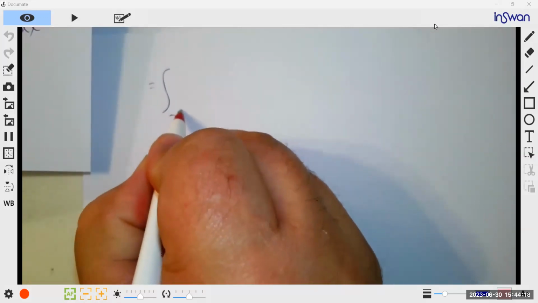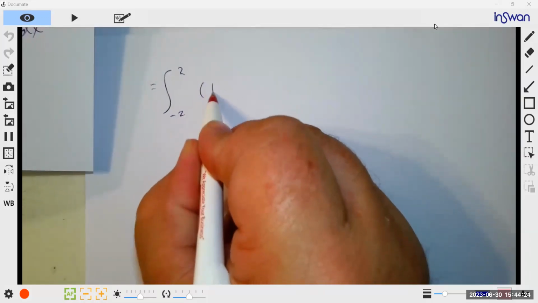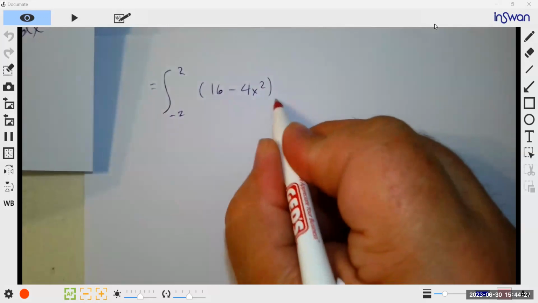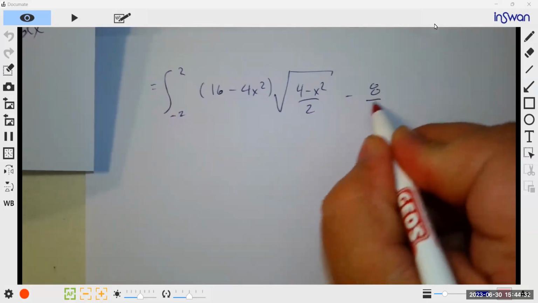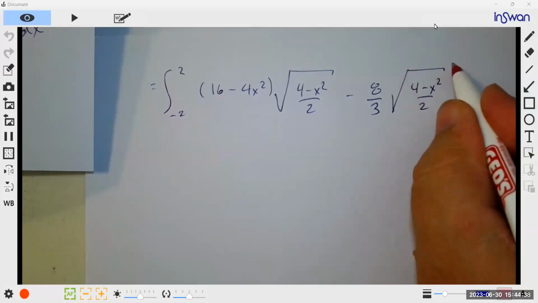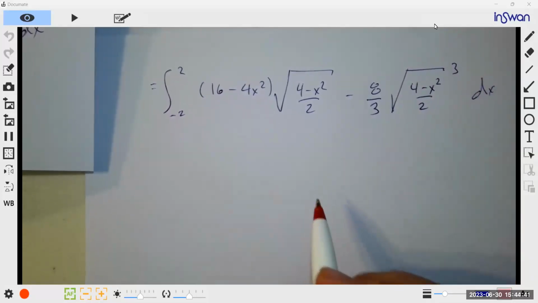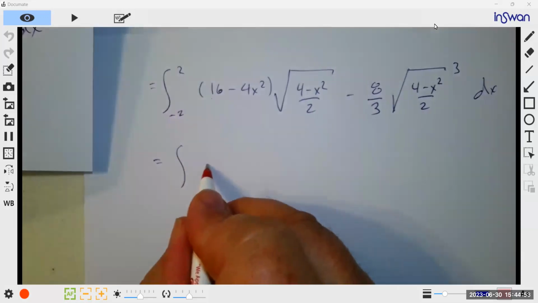Okay, so now this becomes 16 minus 4x squared. Let me write this real quick. All right, so here we can factor out a 4.